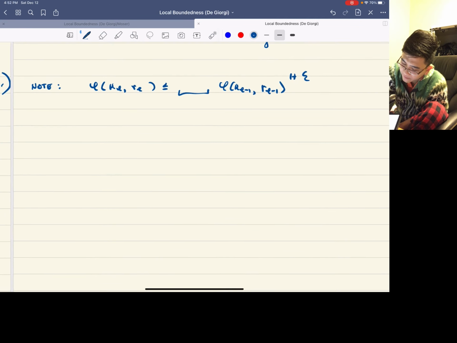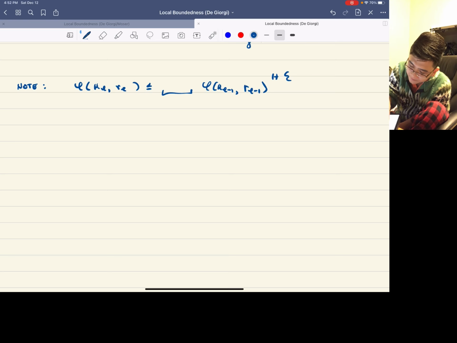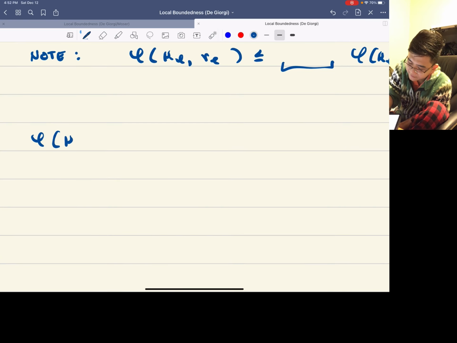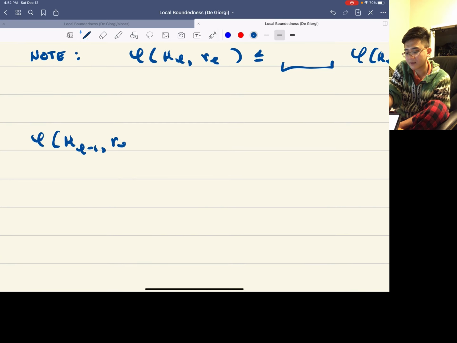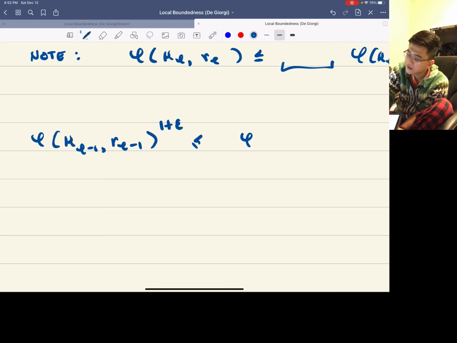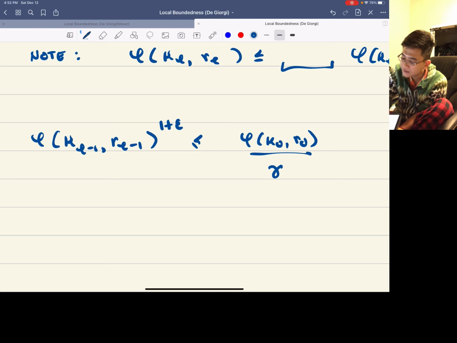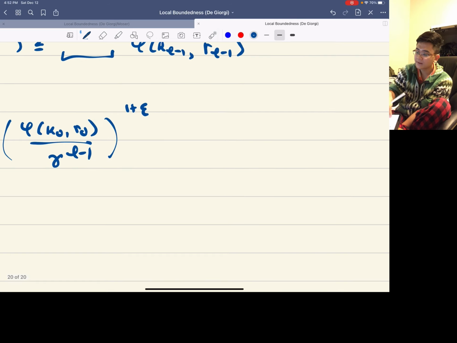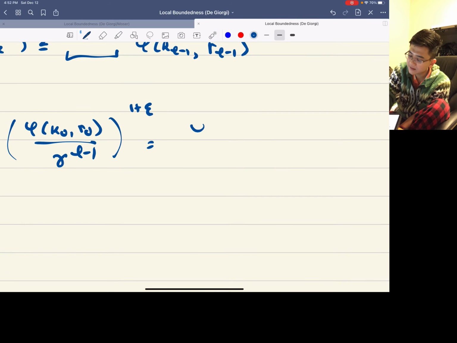I have phi of K_{L-1} R_{L-1} to the 1 plus epsilon. By the induction hypothesis, this is less than or equal to phi of K0 R0 over gamma to the L minus 1, raised to 1 plus epsilon.